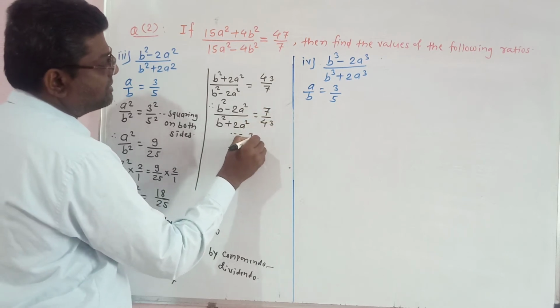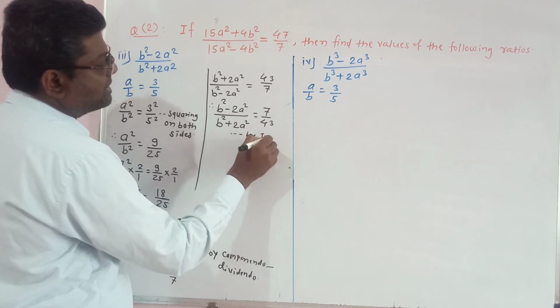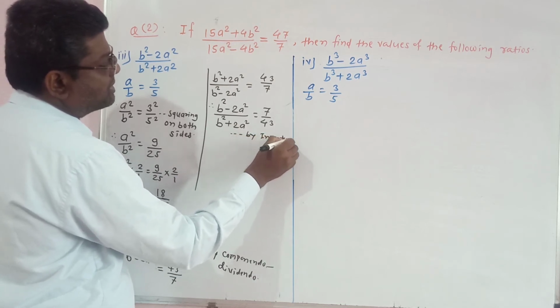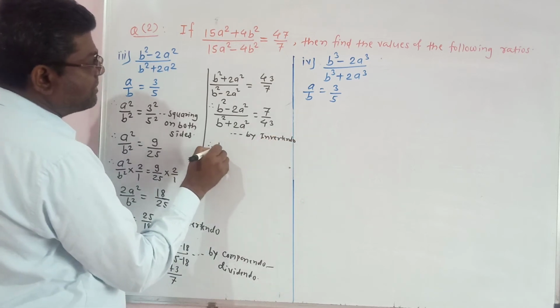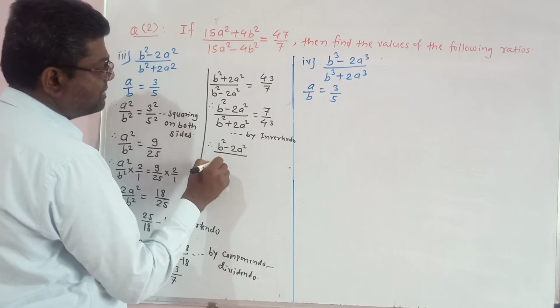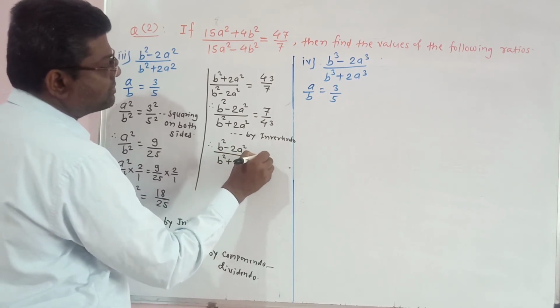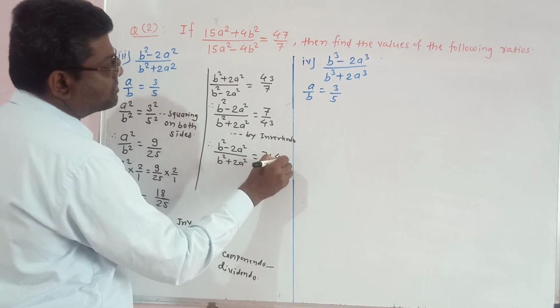We write the reason by invertendo. Therefore b square minus 2a square upon b square plus 2a square is equal to 7:43.